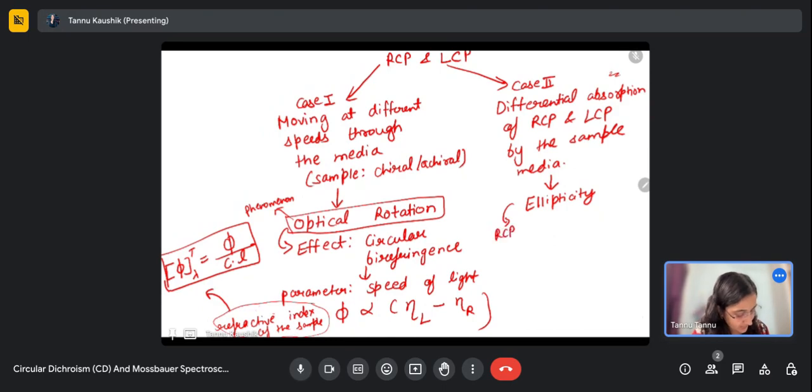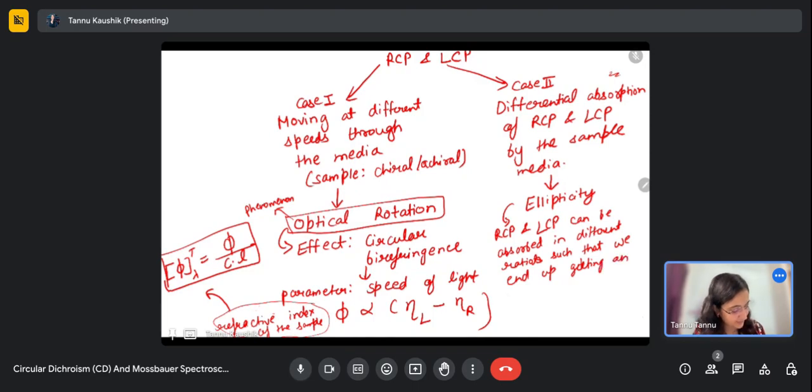So RCP and LCP can be absorbed in different ratios such that we end up getting an ellipse.